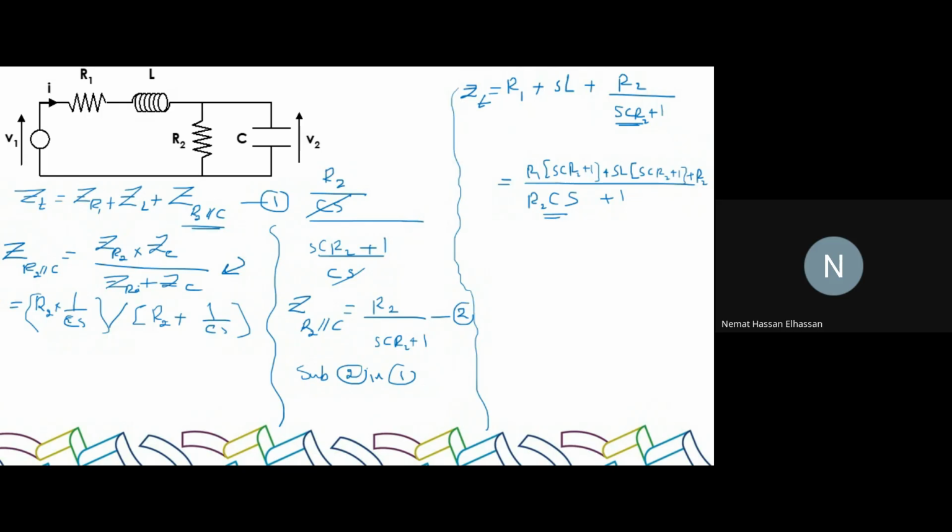So now that we've reached here, the next step is to expand these. When you expand them, what do you end up with?